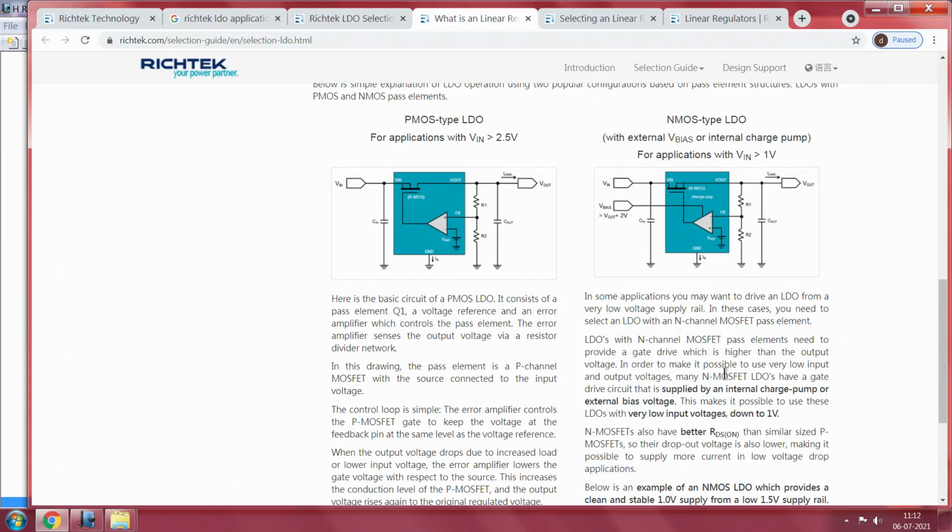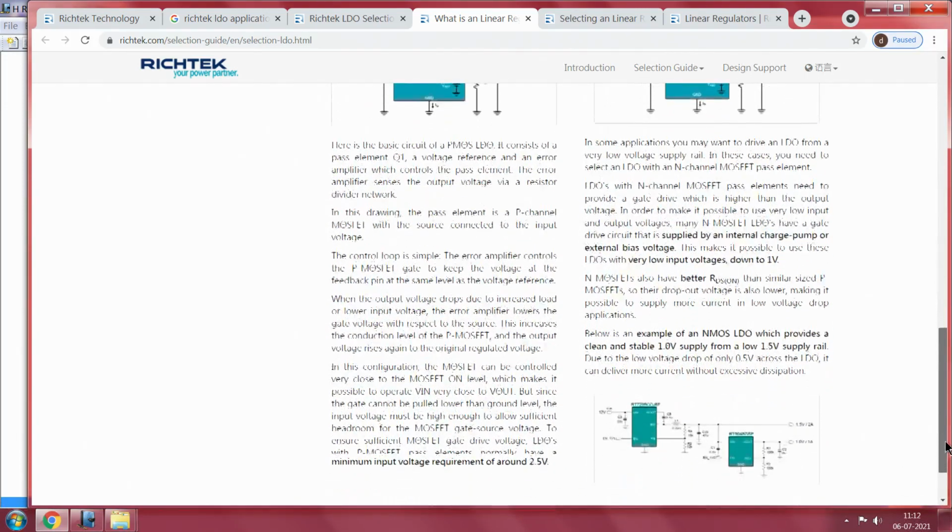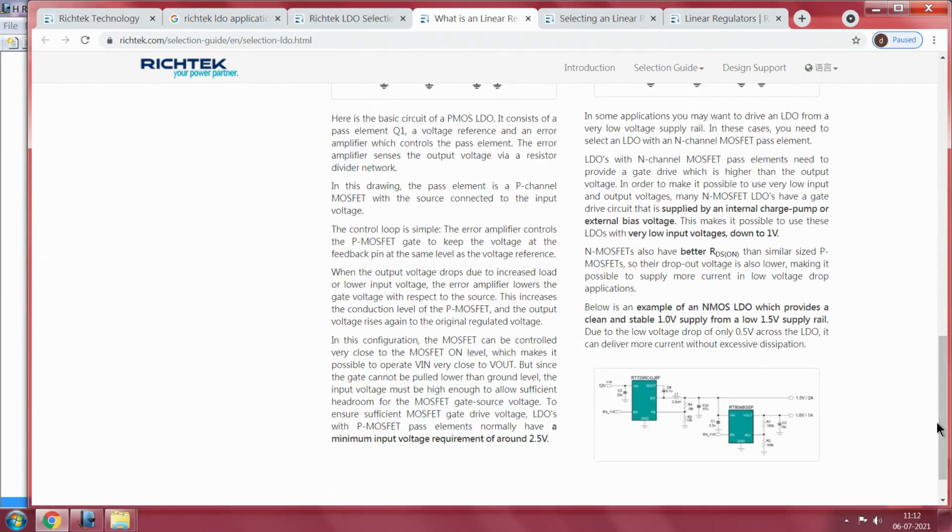Now, the good thing about the NMOS LDO is its RDS, which is very low compared to PMOS. So the drop from the input to the output can be even lower, and it is very good for low voltage applications, particularly IoT applications in the range of 2 volts and so on. If you choose an NMOS LDO, your RDS can be even lower.